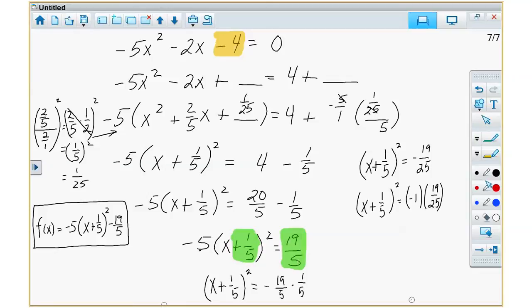Take the square root of everything: x plus 1/5 equals i times the square root of 19 over 5. And x is equal to i times the square root of 19 minus 1 over 5.